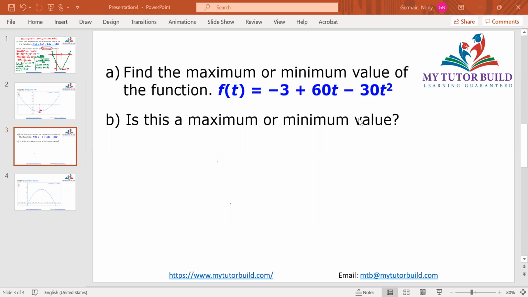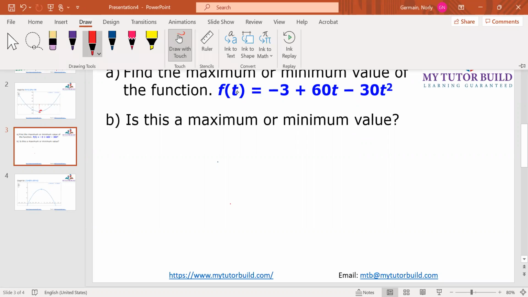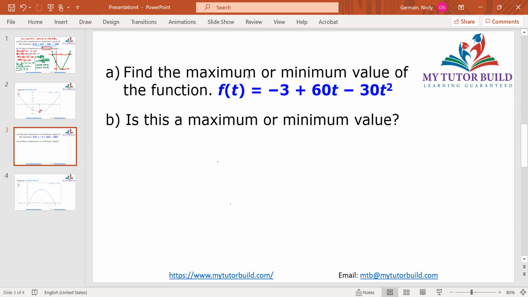Hello everyone, in this video we're going to find the maximum or minimum value of the function f of x equal... well, actually, even though we said f of x or f of t, it doesn't matter, but we can also say f of t, which is okay, but you can rewrite it as f of x equal negative 3 plus 60x minus 30x squared.